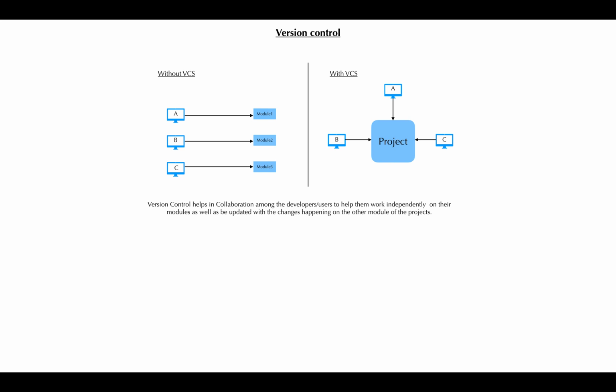Suppose a graphic designer is working on a project, they would have their set of images. It can be anything which needs a version, which needs snapshotting. By snapshotting I mean different versions of the same piece of work.